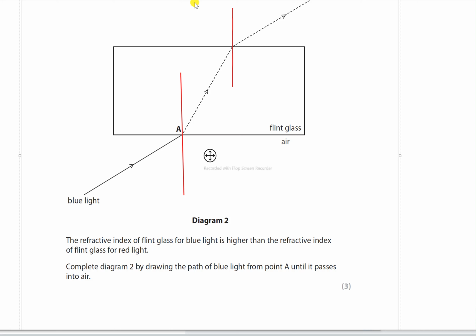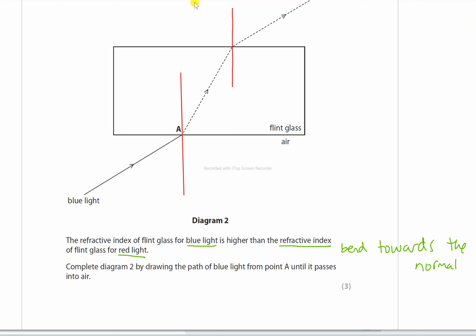They've said the refractive index for blue light is higher than the refractive index for red light. So the dotted line is the red light. Because it's higher, remember we said if it's higher, you bend the light towards the normal more.